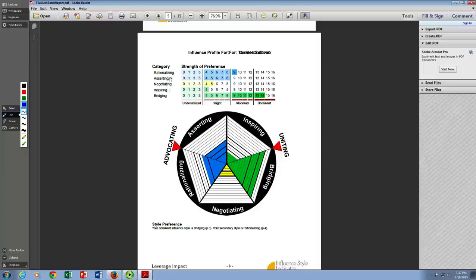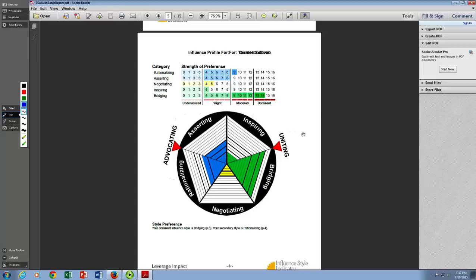This particular survey also shows a secondary style with a moderately high level of responses at 9. Asserting style is slightly lower than that, and then there's really less reliance on inspiring or negotiating. These are slight occurrences. It doesn't show anything as underutilized, but certainly points to inspiring and negotiating being fairly uncommon in this person's particular preferences. Doesn't mean that they're incapable of doing it.